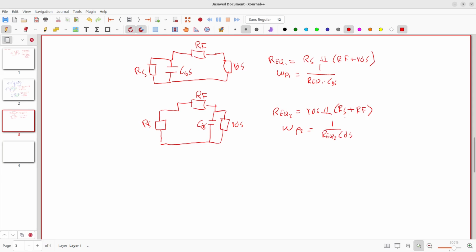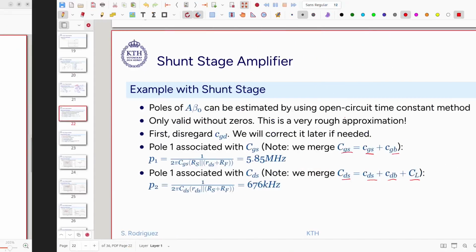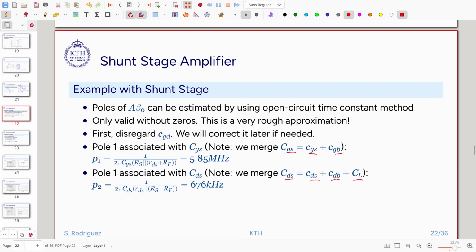Okay, so that will be my estimation for the pole position using the open time constants, and let's see how good or bad they are. When I calculate using this first approximation, I got the position of the first pole at 5.85 megahertz, and this is pole 2 associated with CDS. Then it will be 676 kilohertz.